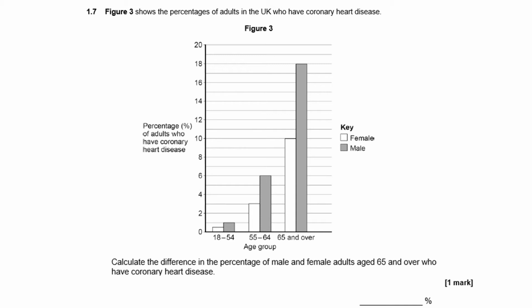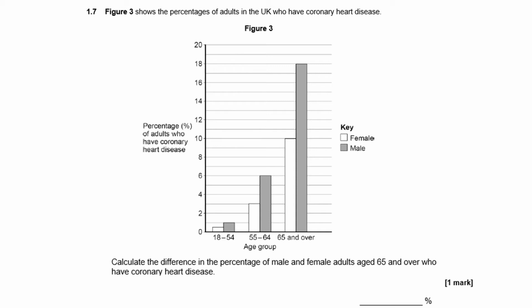The question says, calculate the difference in the percentage of male and female adults aged 65 and over who have coronary heart disease. Now, this is only worth 1 mark, so it is not going to be anything complicated, like looking at the percentage difference. It's just looking at the difference between the numbers.